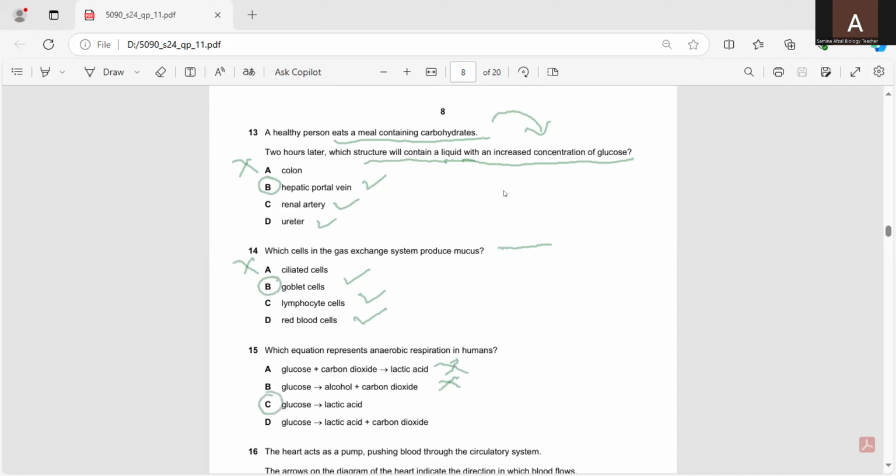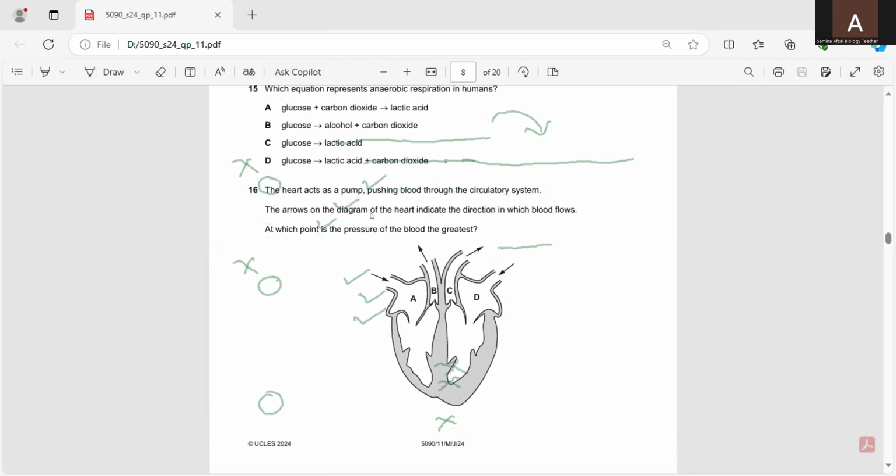Glucose is changed into lactic acid and carbon dioxide? No. So only C is the correct option. As a result of anaerobic respiration in the muscles, lactic acid is produced. So C is the correct option.